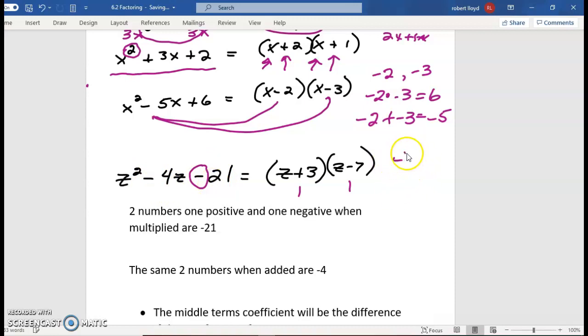So they would be negative 7 times positive 3 is negative 21, and negative 7 plus 3 is negative 4. Well, scratch that.